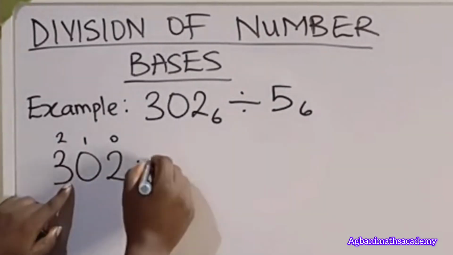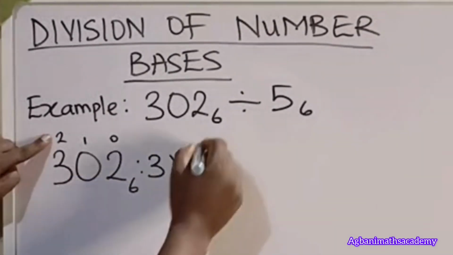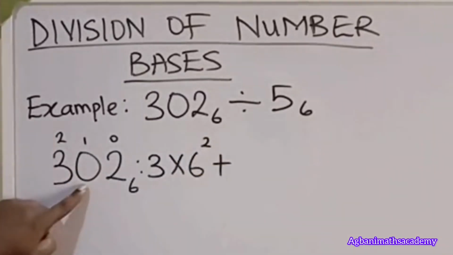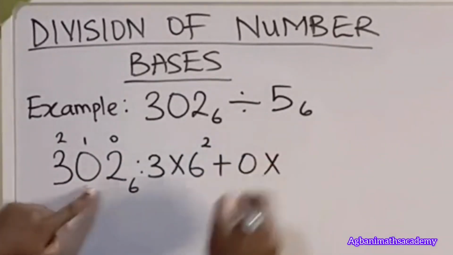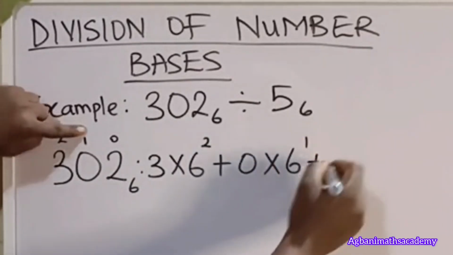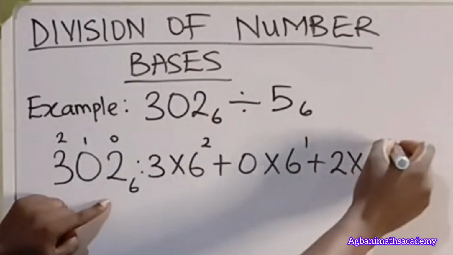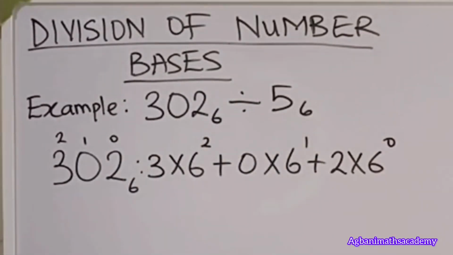So we're going to write 3 times 6 to the power of 2 plus 0 times 6 to the power of 1 plus 2 times 6 to the power of 0. Okay, so we have expanded the number.